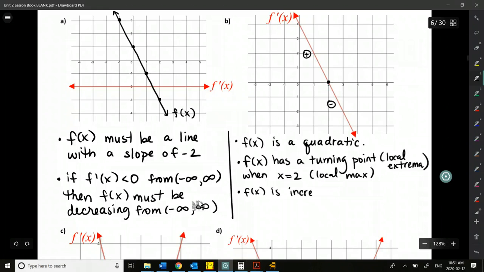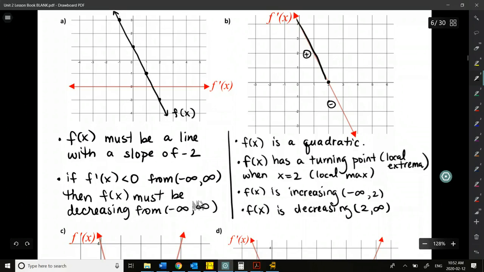It's increasing before 2 and it's decreasing after. Okay, so it's increasing from negative infinity all the way to 2 because that's where the derivative is positive. And then it's decreasing from 2 to infinity because that's where the derivative is negative.